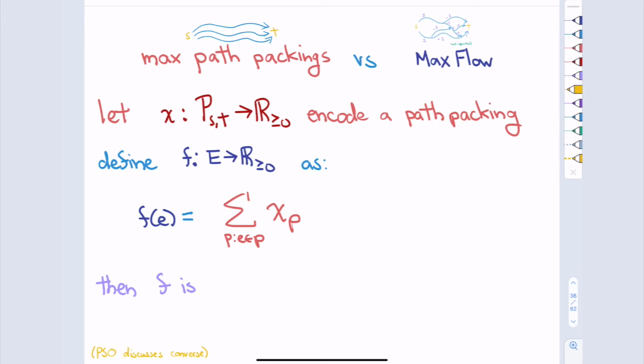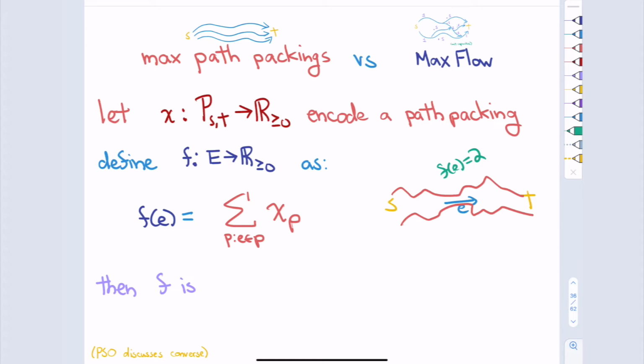So here's S and T, and here's a particular edge E, and there are all these paths that use E. I've drawn two paths that use E, and I might set the flow to be equal to 2, because I've used that edge for two paths.